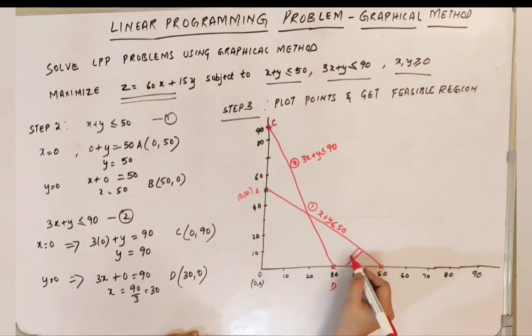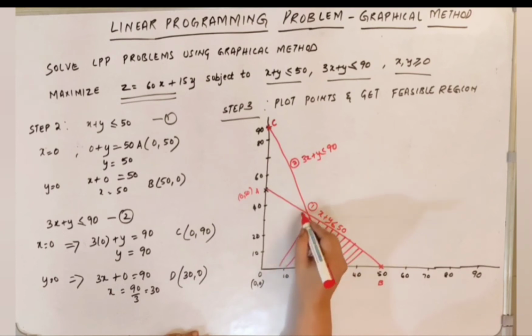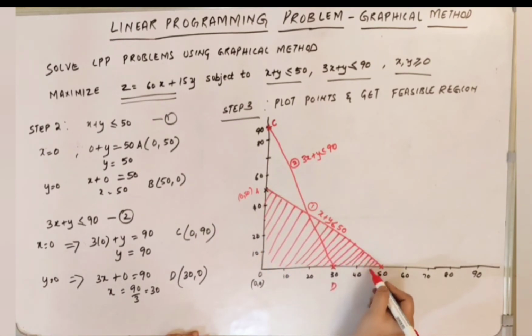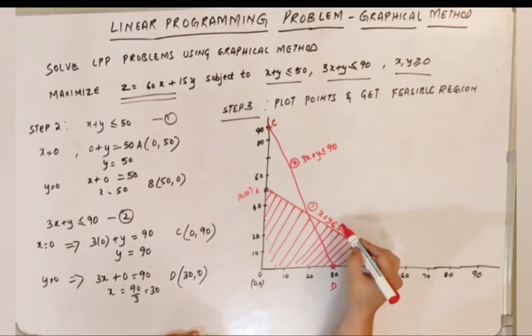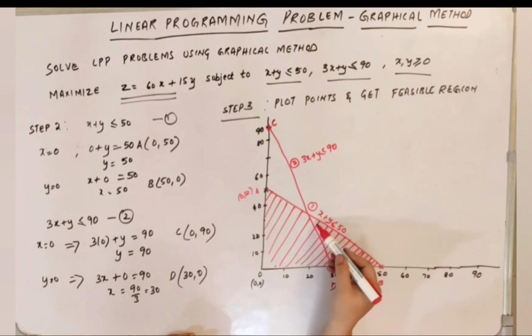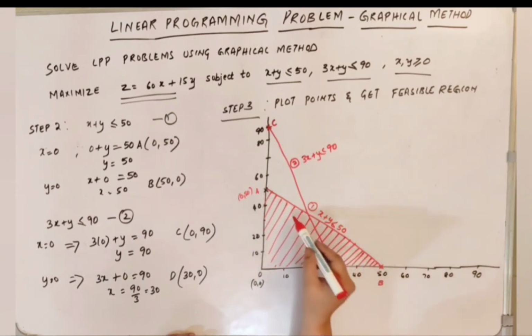That means you can assume that you're going to color this entire portion starting from that line. So this is one region which represents this particular constraint, x plus y less than or equal to 50. Anything, all the set of points below this line represent this particular constraint.